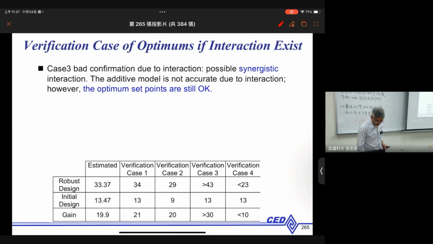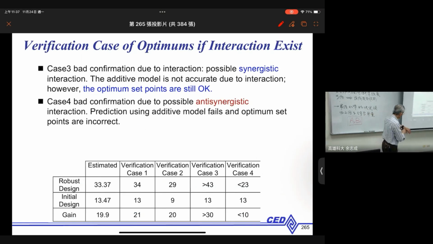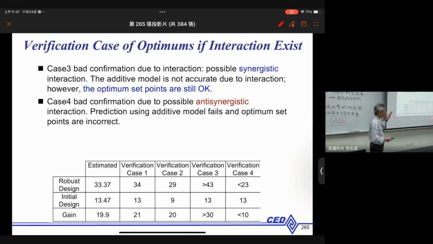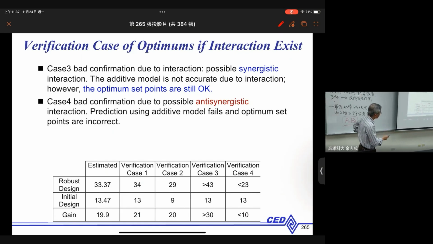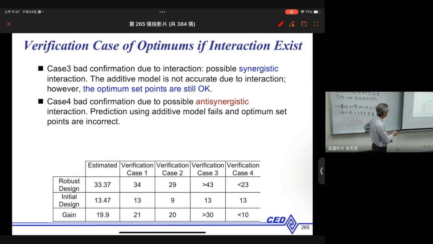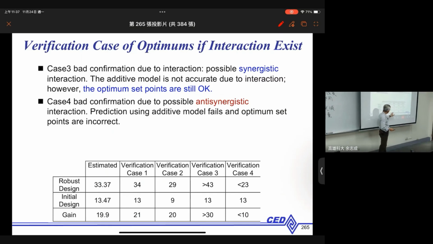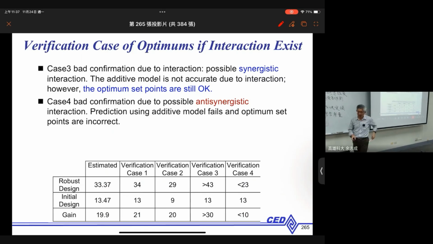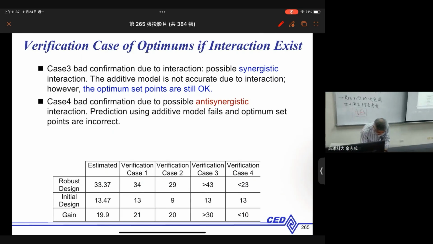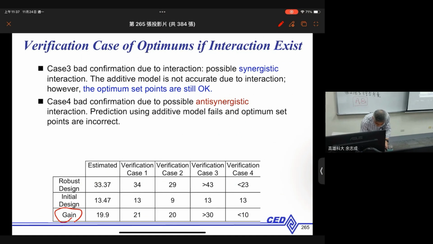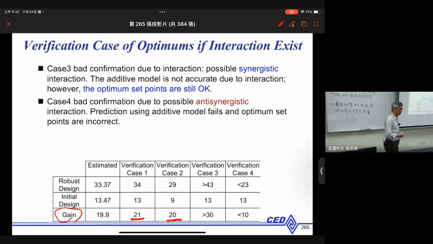Okay, so this corresponds to the 4 cases we mentioned last week. Here in case 1 and case 2, the predictions are very accurate. We only look at the gain, which will be easier. If they are the same, we might say that there is no interaction.